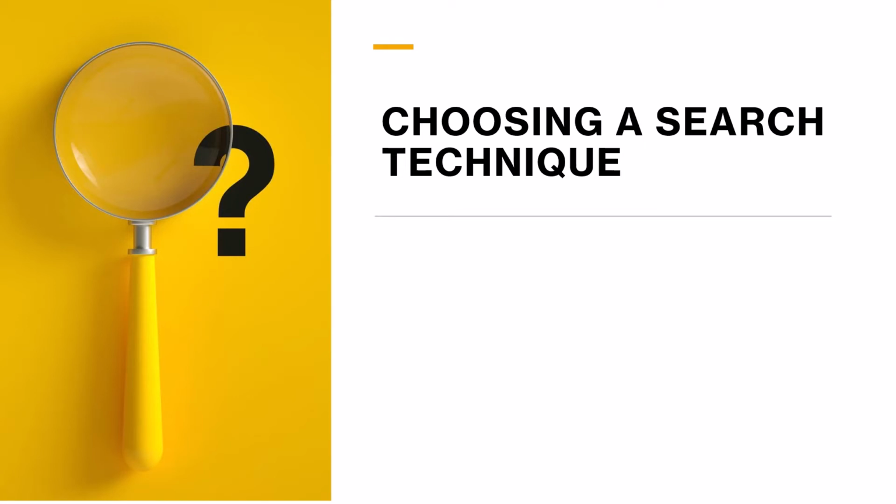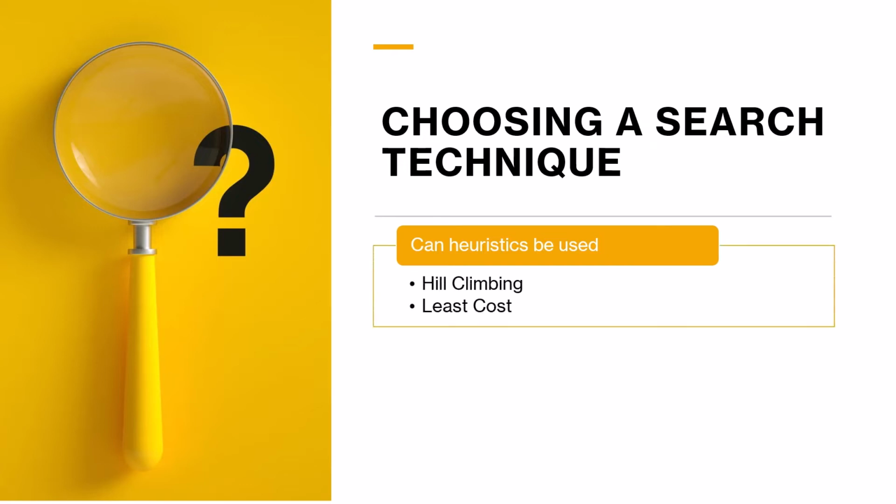So the first question we will ask when deciding on which search technique to go with is, can we use heuristics? If the answer to that question is yes, then we can either use hill climbing or least cost, and deciding between these two would of course depend on the aspect of the problem you're looking to maximize or minimize.